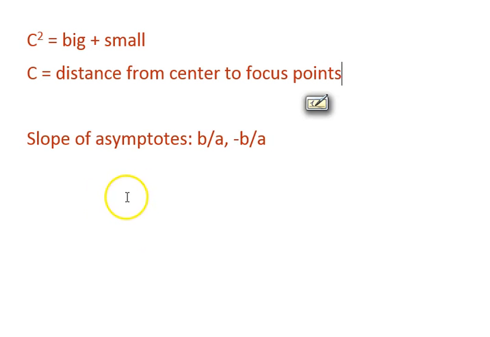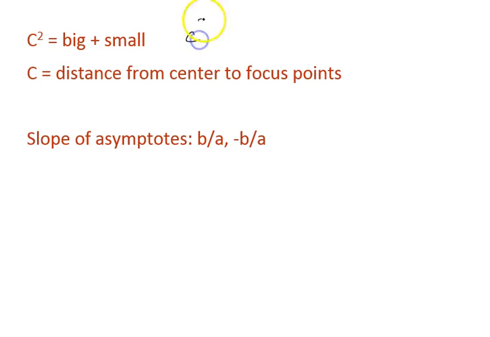Okay, now we're going to go over some of the things that you can calculate given the equation. And again, we're going to be calculating a c. So c squared in this case is the big plus the small. So with ellipses, you are subtracting. With hyperbolas, you are now adding. Your big and your small are your a squared and your b squared.